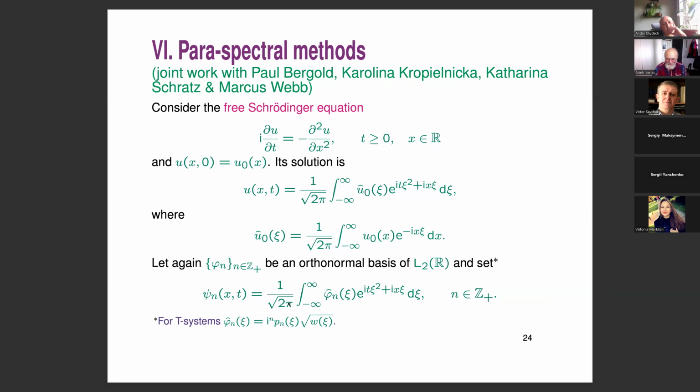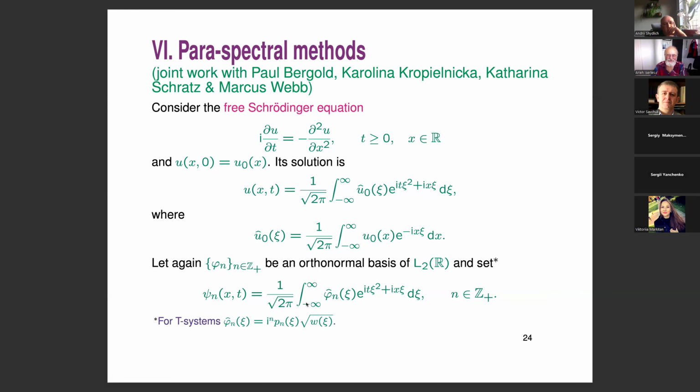And by the way, phi n hat is known for T systems, because this is how we constructed phi n hat, as the inverse Fourier transform of its Fourier transform, which was i to the power n P n times the square root of the weight function. So this is the exact solution.